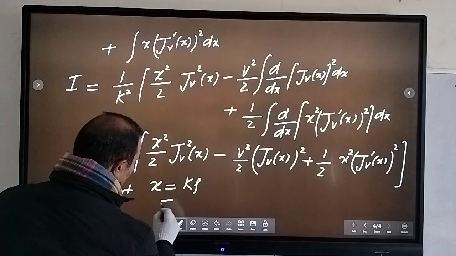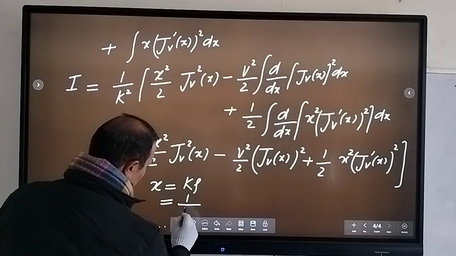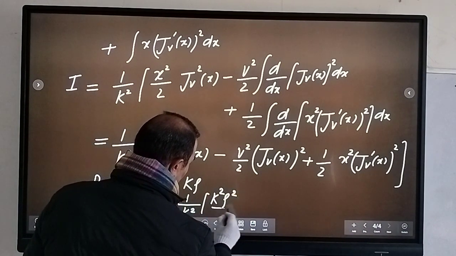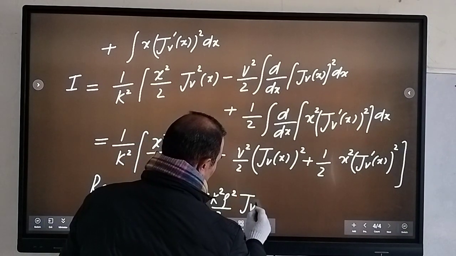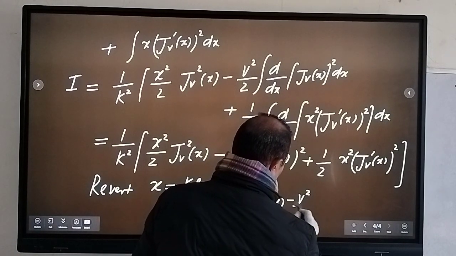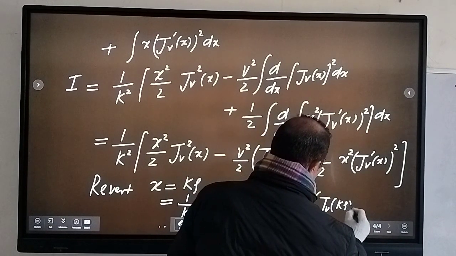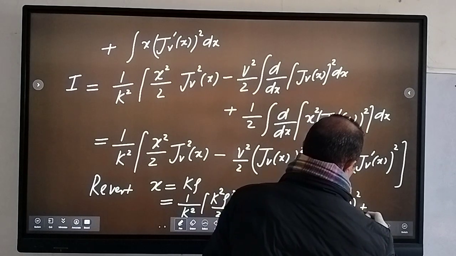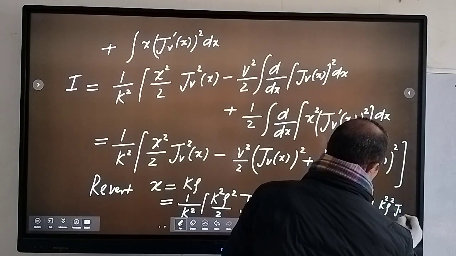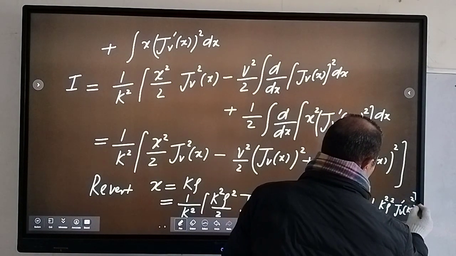So that means this equation becomes, so we can write this as 1 divided by k square into, okay.